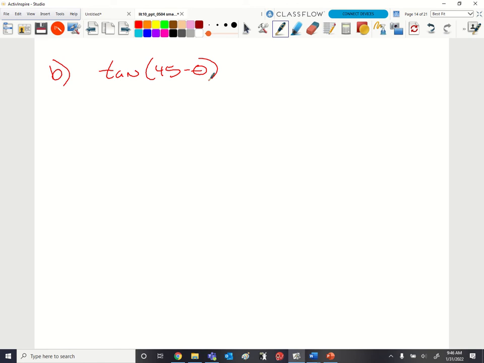So it becomes tan of 45 minus tangent of theta all over 1 plus tangent 45 times tangent of theta.